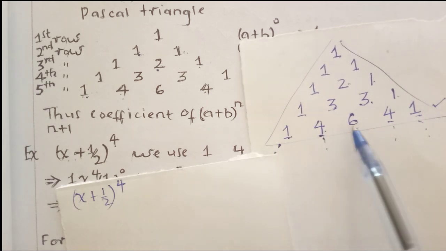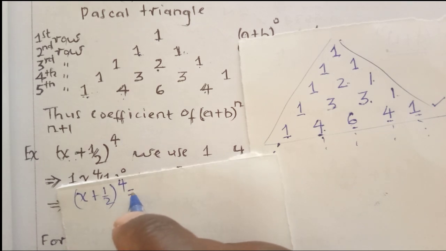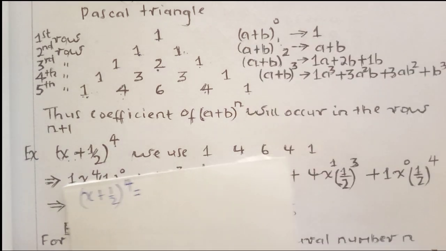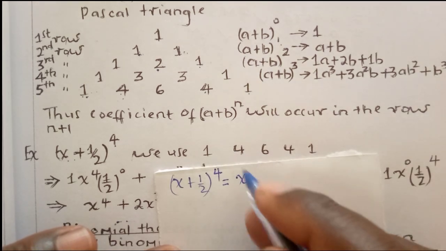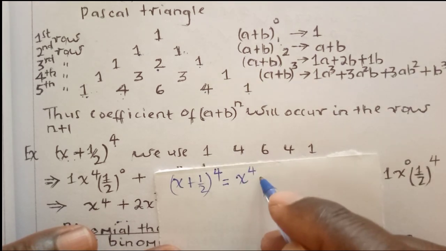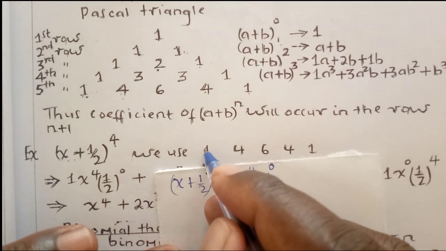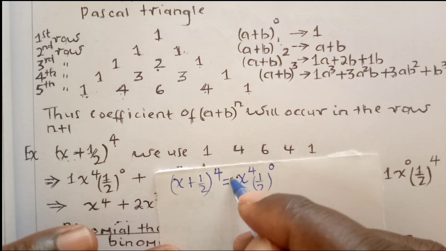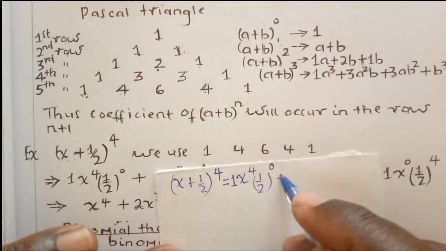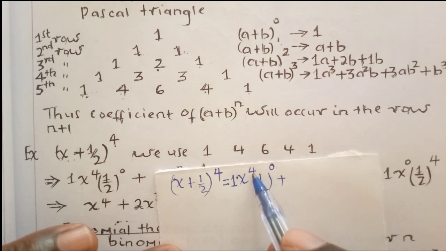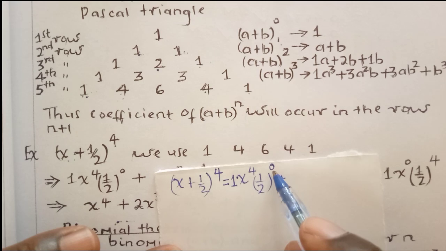These are the coefficients. So this one will be equal to, maybe I can put this one aside so that we can use this now. So this one will be x raised to 4, then we have a half raised to 0. Our first coefficient is 1. So when we continue for binomial expansion, this x will go in descending order, while this one will go in ascending order.